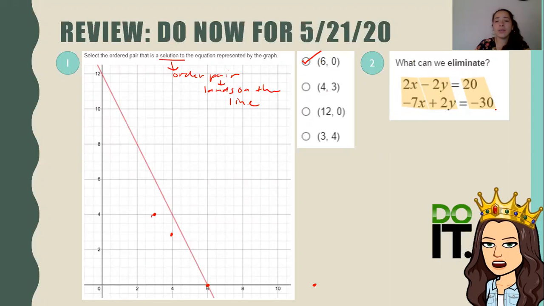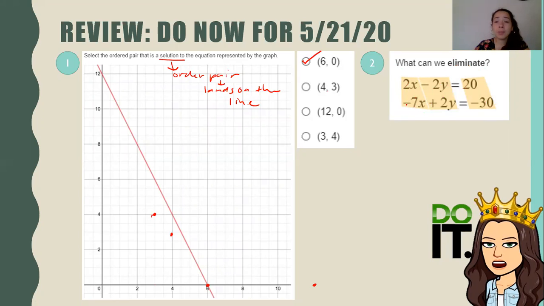All right, so now out of these, what we reviewed on Tuesday was that the first thing is to look to see if there are any, out of these groups that we have, that have the same number right away? And that gives us our biggest hint. So notice 2 and -7 are not the same number.